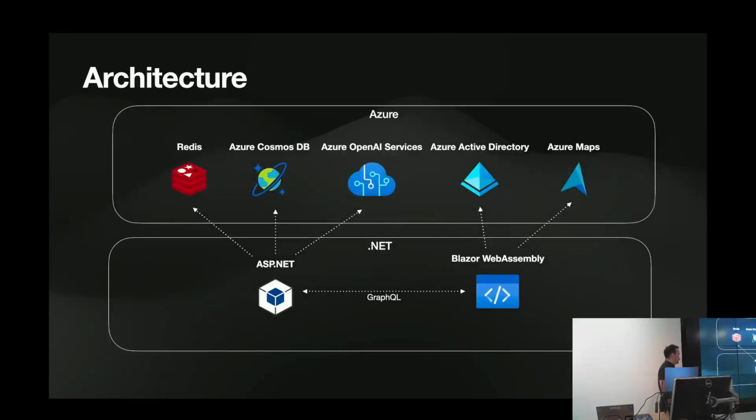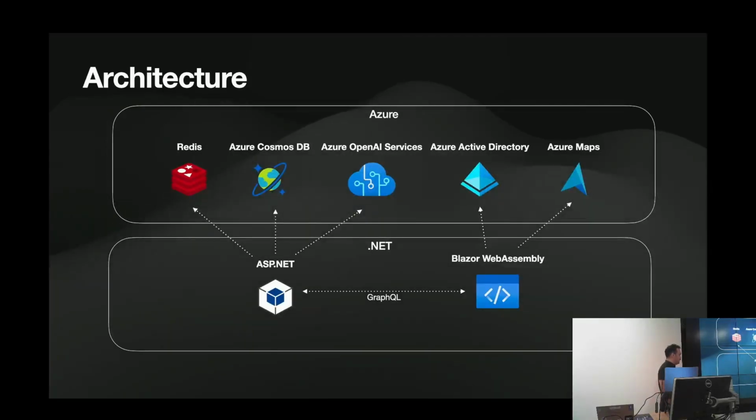It uses Azure OpenAI Services to get that model, the ChatGPT model, to send off those API requests to. And we've also got a Blazor WebAssembly front-end application, and that integrates with Azure Active Directory over OAuth 2. And we've also got Azure Maps as well, which I'll demo a bit later.